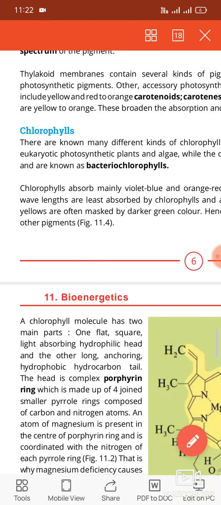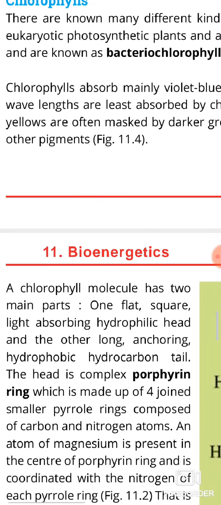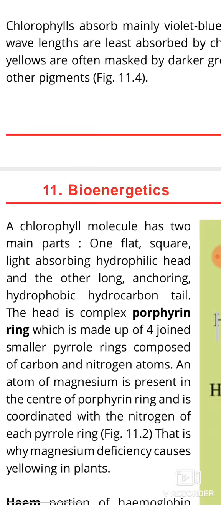which is made up of four joined small pyrrole rings composed of carbon, nitrogen, and hydrogen atoms, and an atom of magnesium is present in the center of the porphyrin ring and is coordinated with the nitrogen of each pyrrole ring.